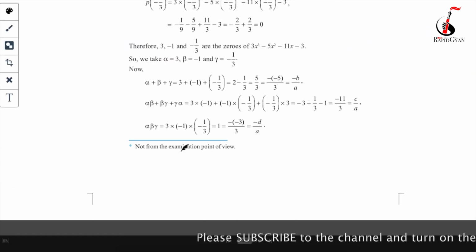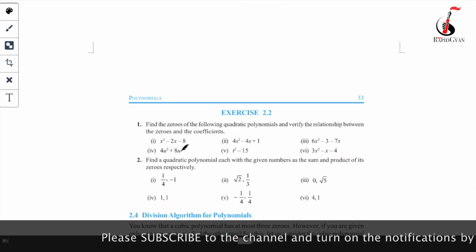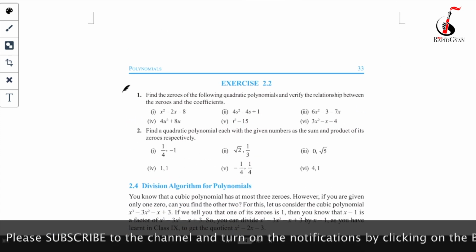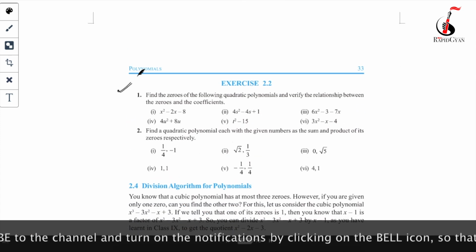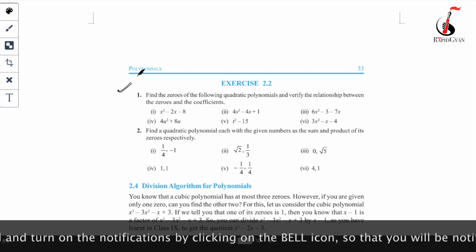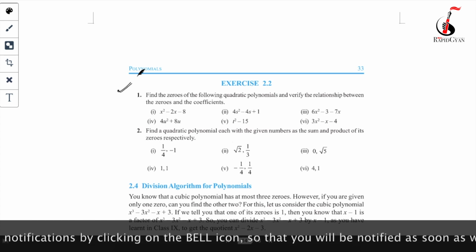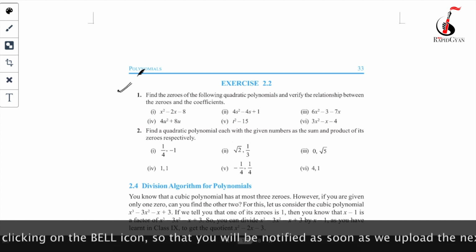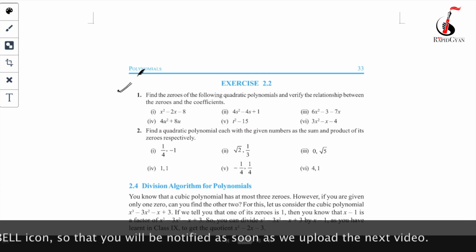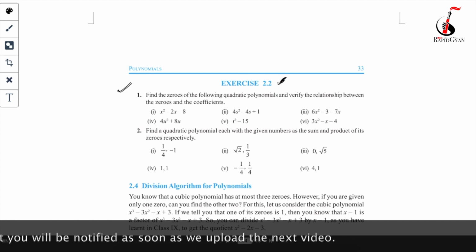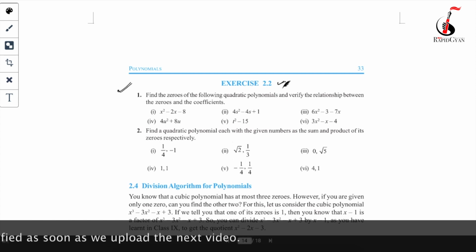Okay, let's check if there is any other example after this. Hold on, no, after this there is an exercise. Okay guys, so hope you guys understand the concept behind exercise 2.2. So please go watch this video, and after watching this video try solving this exercise 2.2 by yourself. Don't wait for my solution. Anyway, I will be providing the solution, but please don't wait for it.